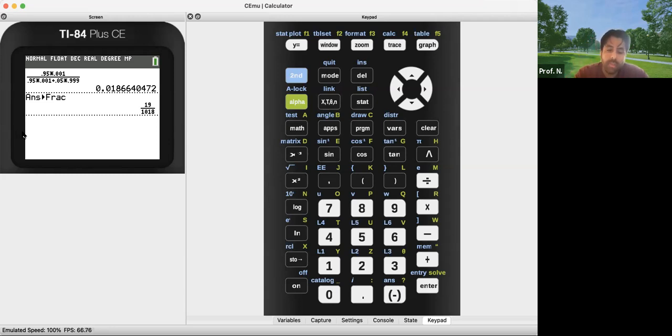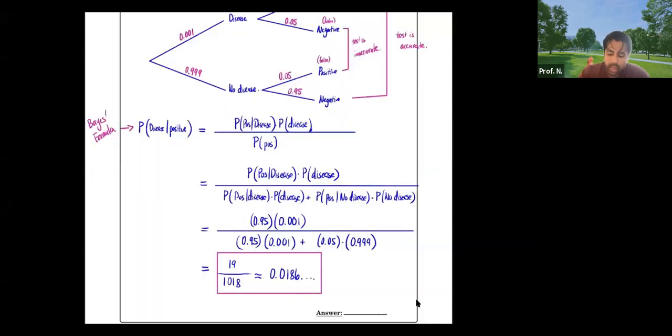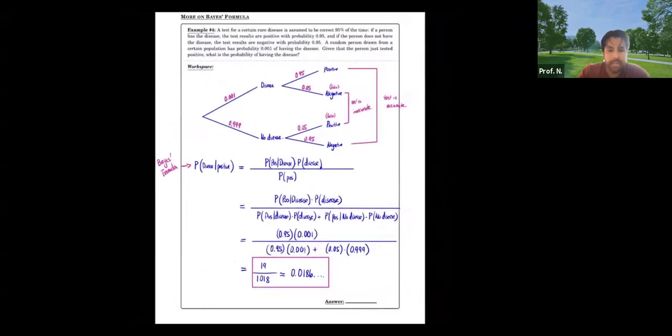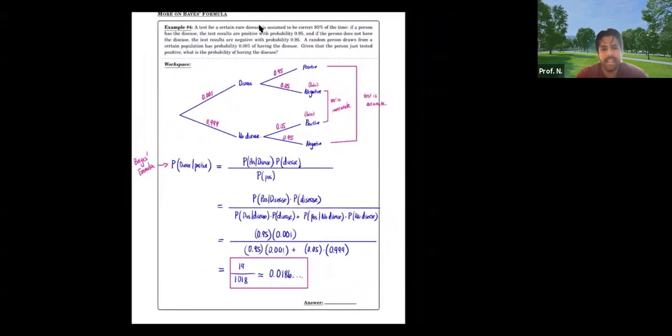Most of the people, when they answered this question, thought it was 95% because of the wording of it, right? So you have to be careful when they give you these percentages, you have to be careful how you interpret them. Does that make sense to you guys? Like you would think it would be much higher.